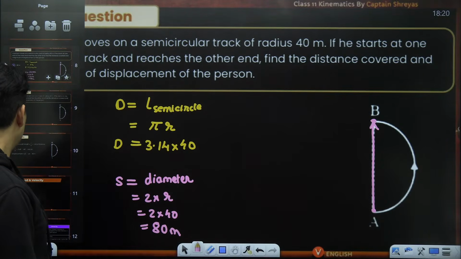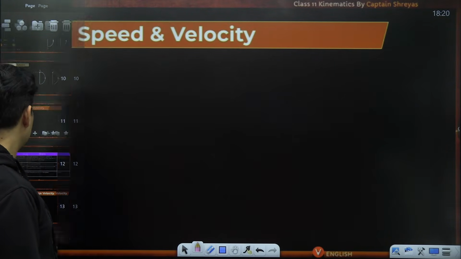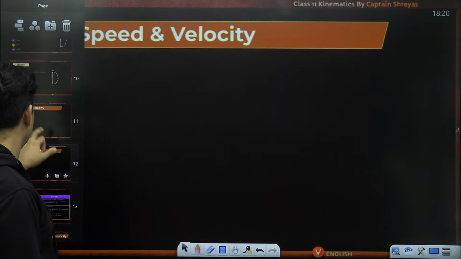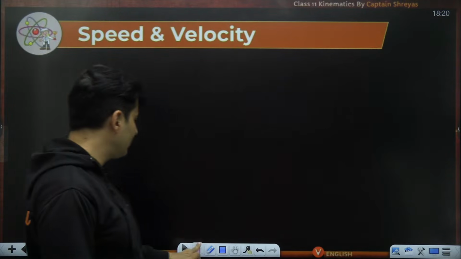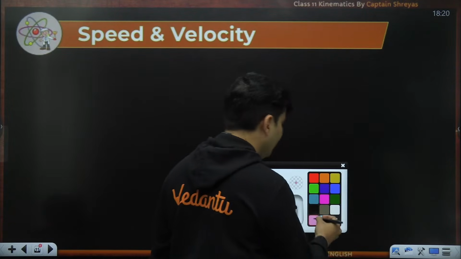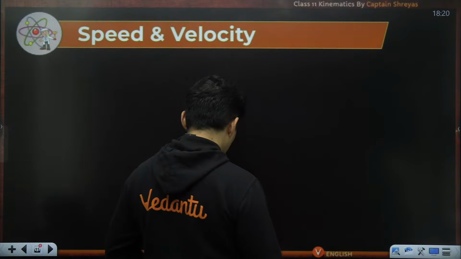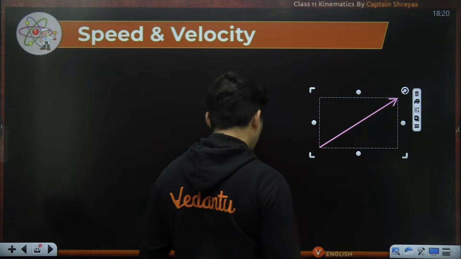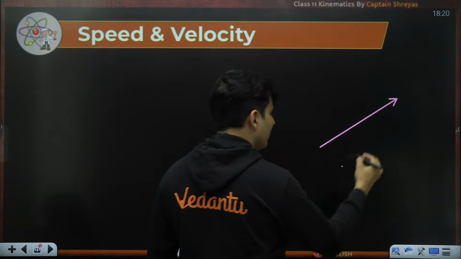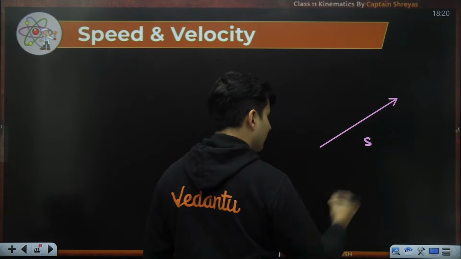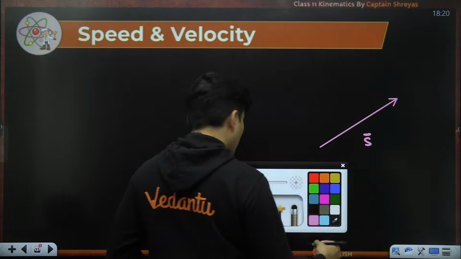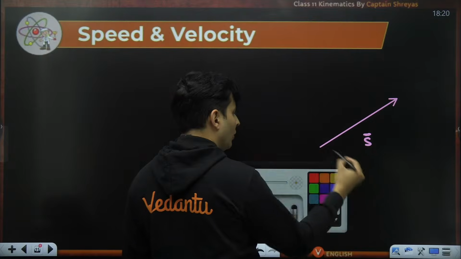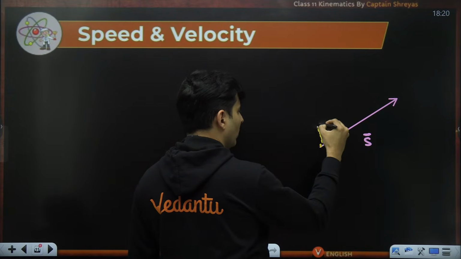Okay. Now let us also talk about speed and velocity. Just like we had distance and displacement, same way we have speed and velocity. So imagine one Pandu was here, he went here. So obviously this would be the displacement of that particular Pandu. But how he has actually moved could be a completely different story altogether.